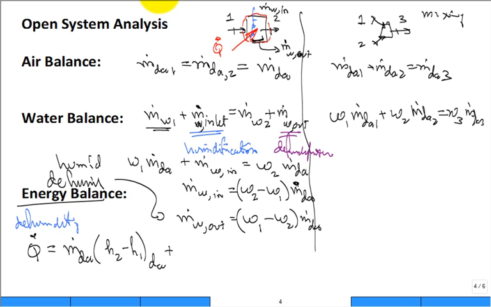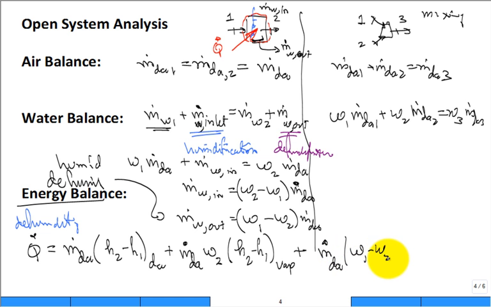All right, well, it's just like what we wrote before. You have the mass flow rate of the dry air times the humidity ratio going out at 2 times the enthalpy exit minus enthalpy inlet of the vapor. This is water vapor. Plus the mass flow rate of the dry air times omega 1 minus omega 2. What does that give me?